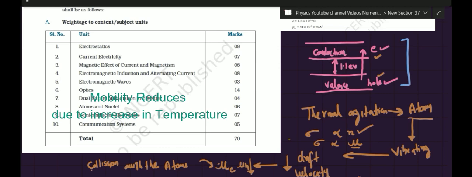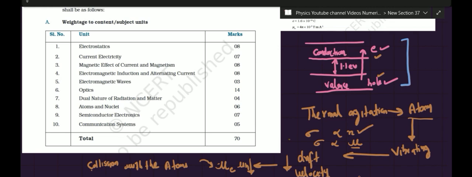So the electron which is moving under the influence of, for example, an electric field, will now collide with the vibrating atoms, and therefore its drift velocity will go down. If the drift velocity goes down, the mobility goes down, because mobility is given by the drift velocity divided by the electric field. The electric field will not get impacted because of the increase in temperature.